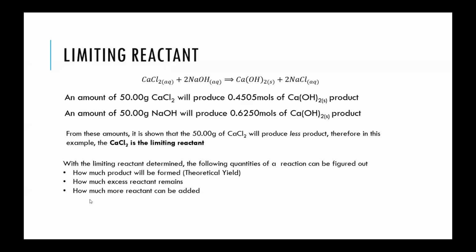And you can figure out how much more of that limiting reactant can be added into that system. So if there was excess sodium hydroxide, how much calcium chloride can that excess sodium hydroxide react with? There are a lot of things that you can calculate once you have the limiting reactant.